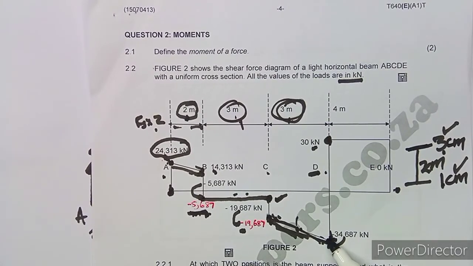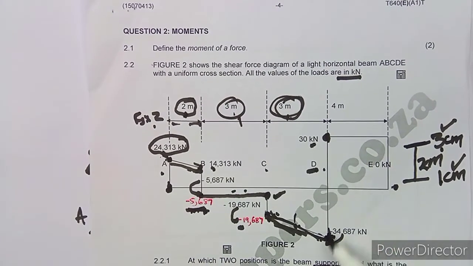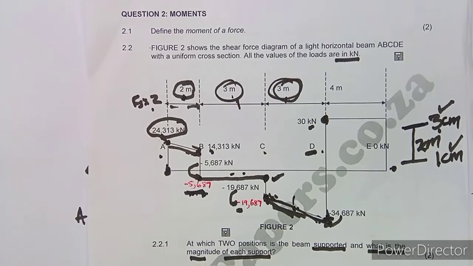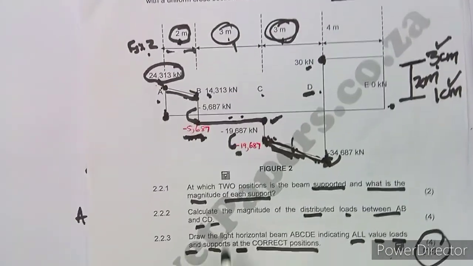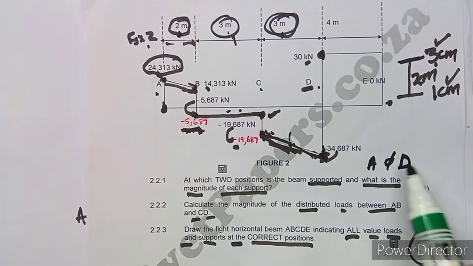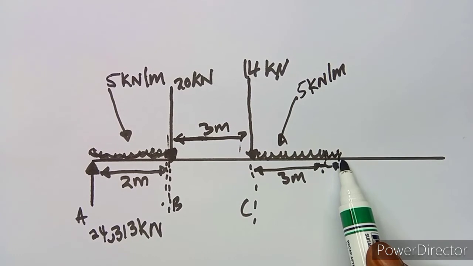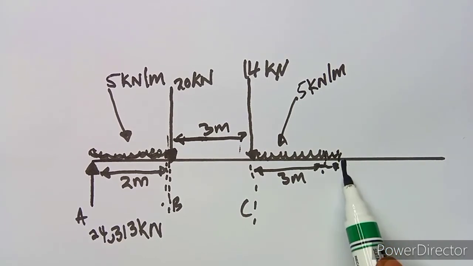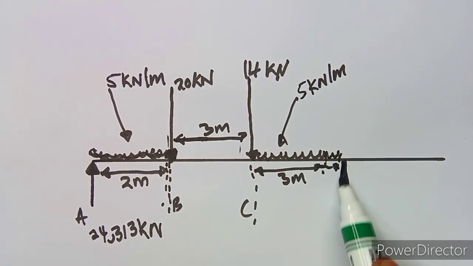Then D, remember D is a support. So at point D we are now going to have our support. From the information that we did in the first part, we said the support was at A and at D. So we shall have a support at D like this, after the distributed load.